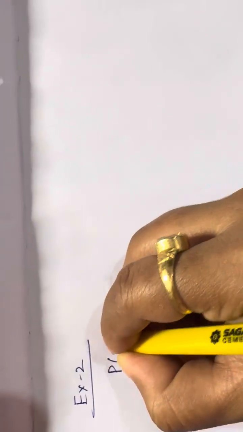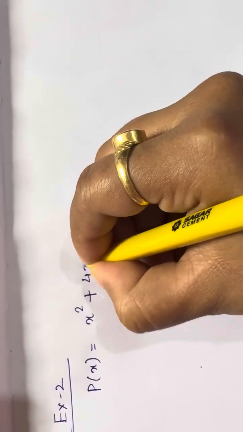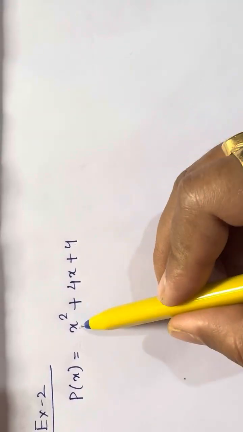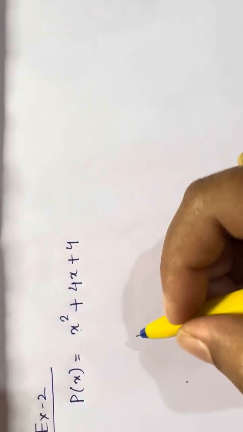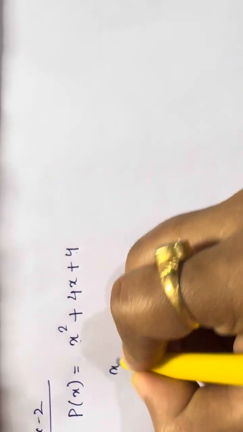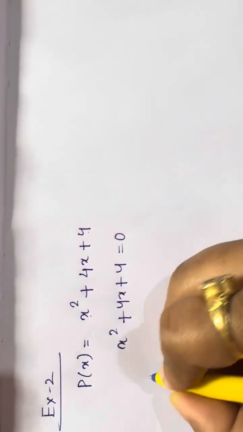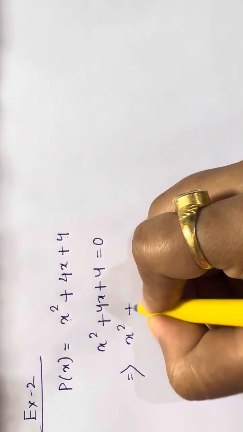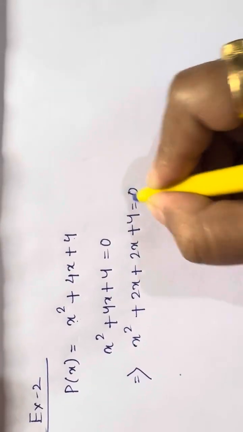Let's take p(x) is equal to x square plus 4x plus 4. Here on multiplication you should get 4 and on addition you should also get 4. So what can be the numbers? Obviously it will be 2 and 2. So x square plus 4x plus 4, let's equate to 0. This implies x square plus 2x plus 2x plus 4 is equal to 0.